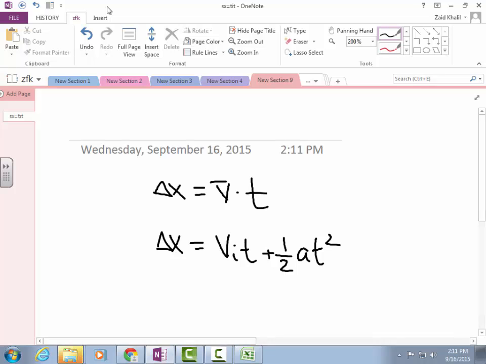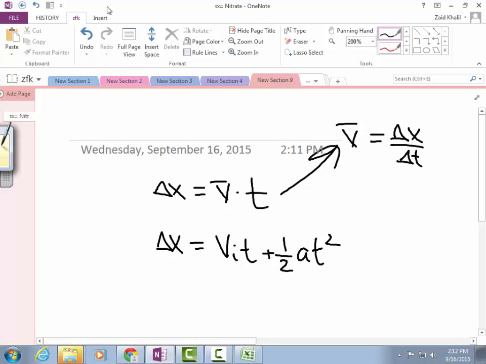This is accelerated motion. Notice, what is this saying here? The average velocity is equal to what? This is just a restatement of what definition? Average velocity is the change in position over the change in time. The second one is our new first kinematic equation. And the question is, are these two the same?